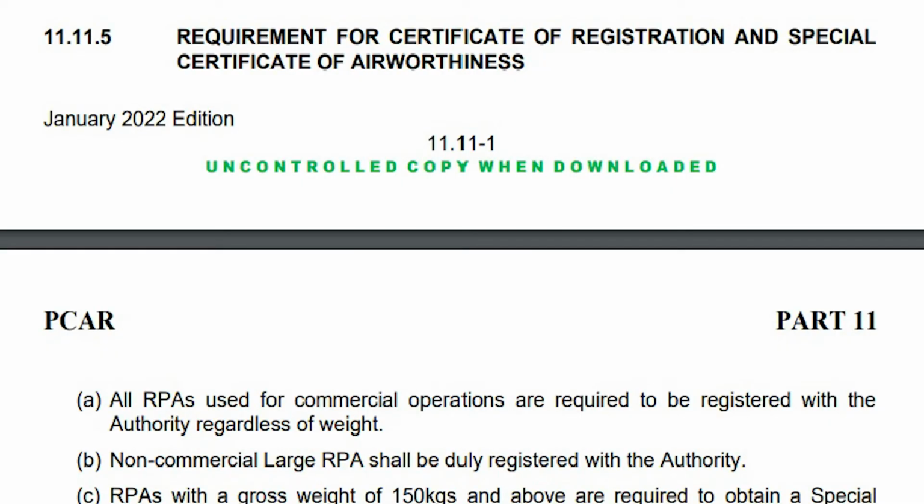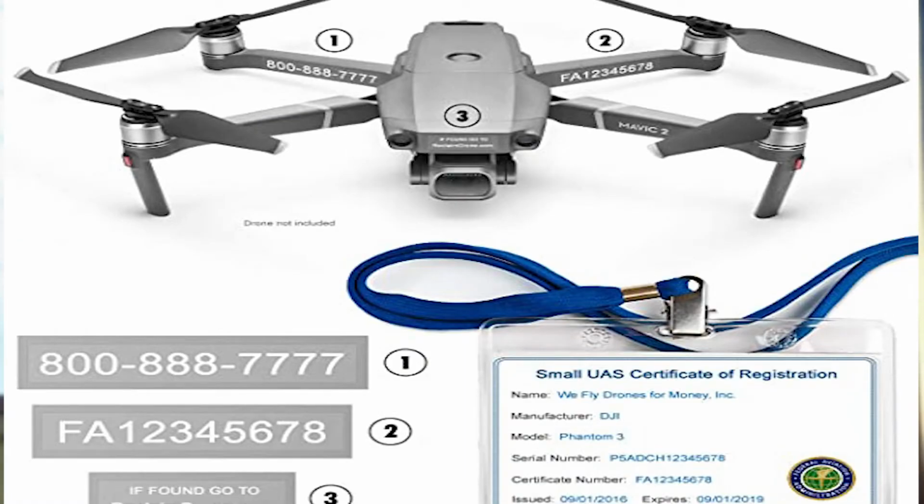So the next one is regarding the registration of drones. Who all have to register their drone? Number one is, as usual, the commercial. Whoever is going to do commercial drone piloting has to register their drone. Then the next one is for large drones.